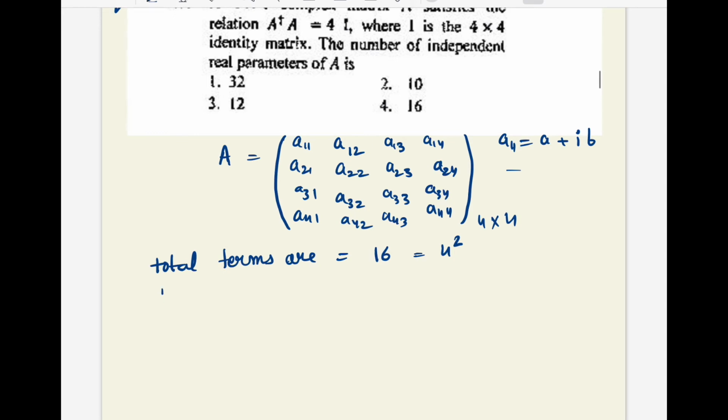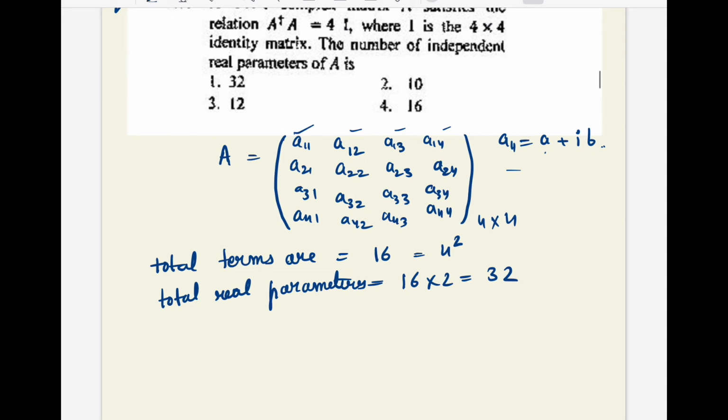So total real parameters: since there are 16 terms, but each one has two real parameters, that is a comma b. a and b are the two real parameters in each of the quantities, each of the entries, A11 and A12. So 16 into 2, it becomes 32. So total real parameters are 32.